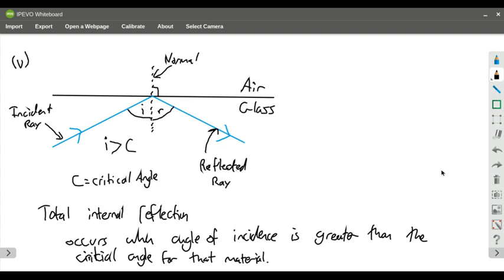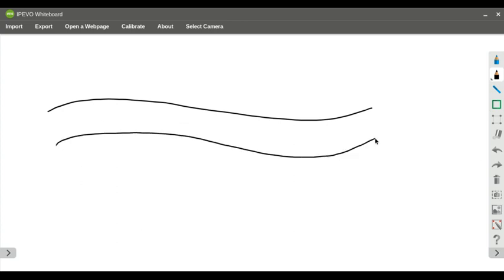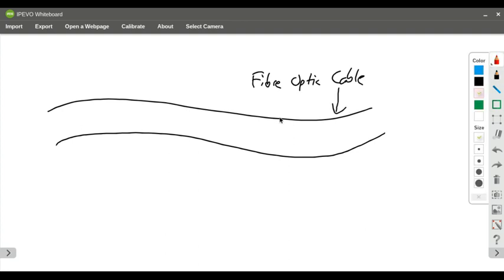The next bit was to draw a labelled diagram to show how an optical fiber transmits light along its length. This is fairly straightforward, I hope. This is the fiber optic cable, and I'm just going to say that this is light.